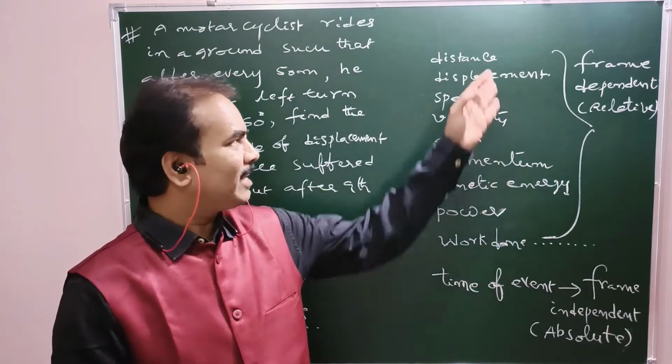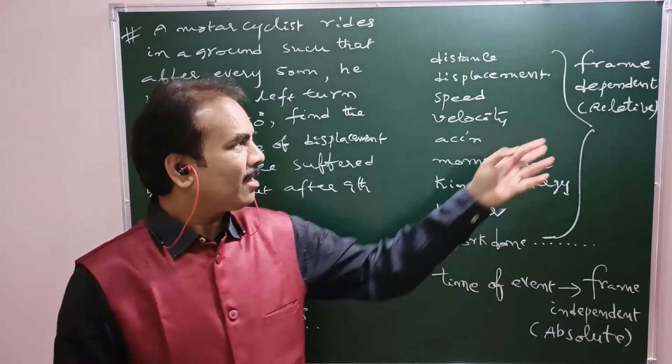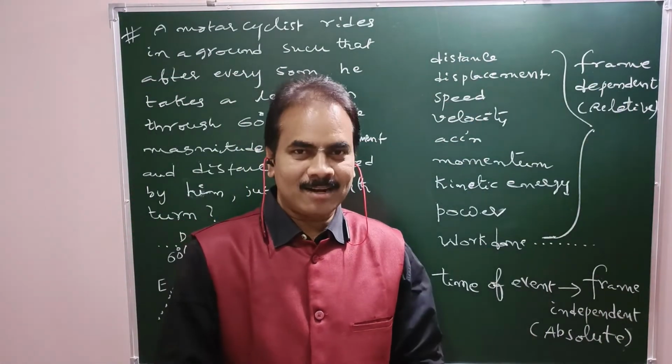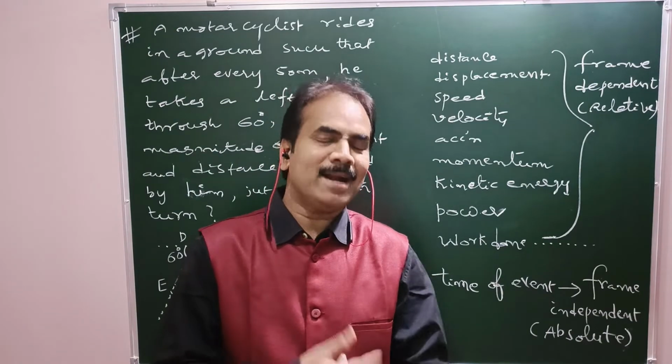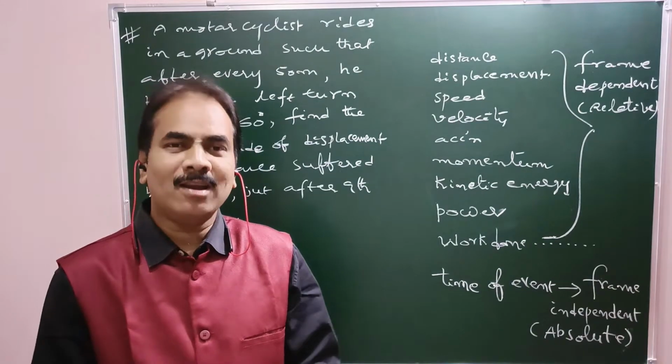That is the reason why quantities like distance, displacement, speed, velocity, etc. are said to be frame dependent. Means they depend upon frame of reference, whether it is inertial frame or non-inertial frame.